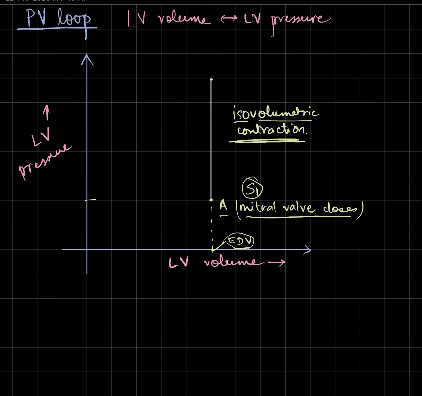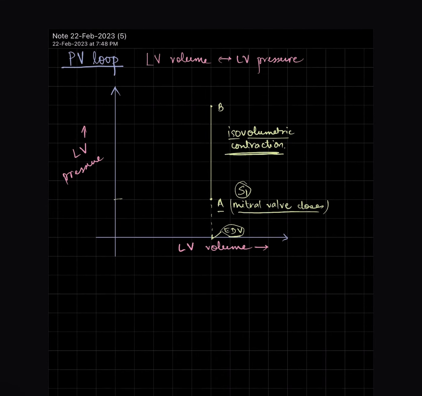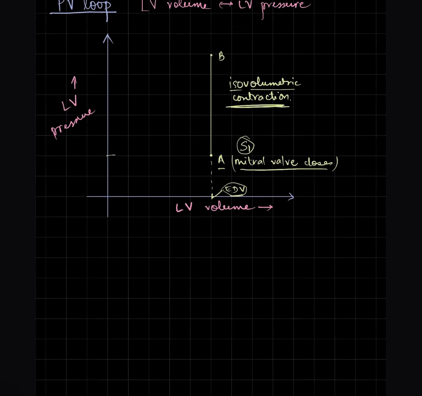So we've reached a point, which I'm going to label as B. At this point, since systole is going on, the aortic valve will open because of the increased pressure in the left ventricle.